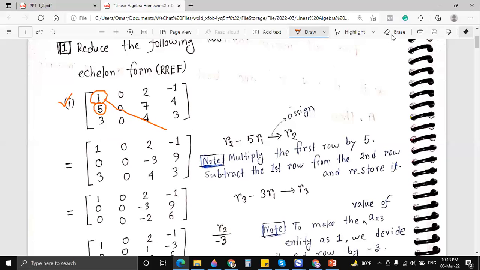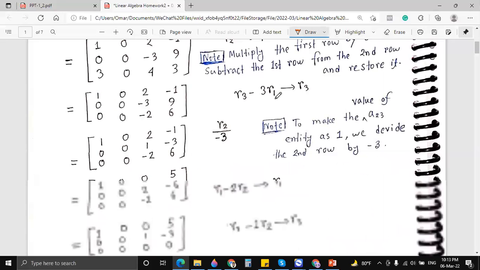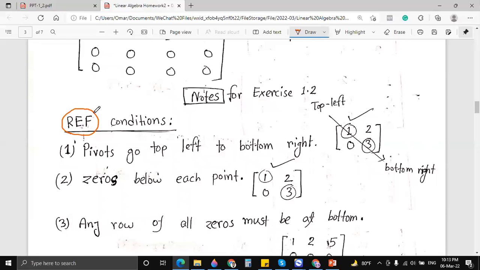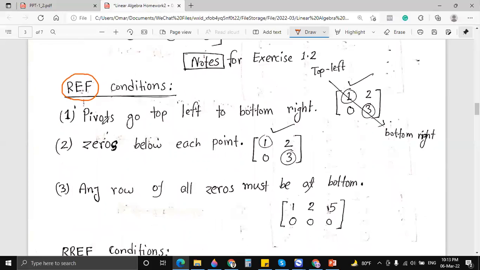So RREF, or reduced row echelon form. Let's see what RREF is. To understand RREF, we need to understand REF, or row echelon form. REF has 3 conditions. Number 1, pivots go from top left to bottom right.